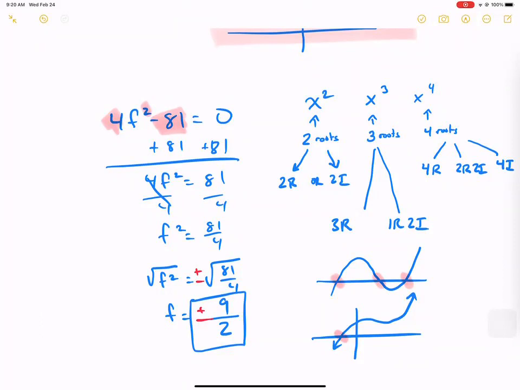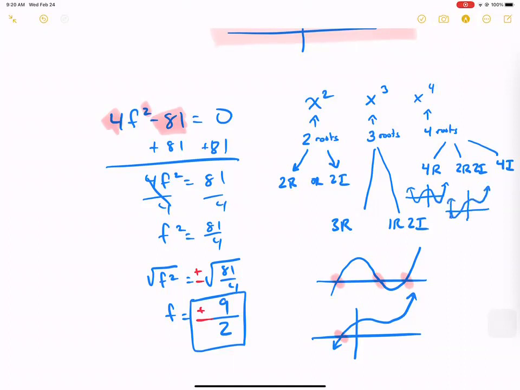But let me go ahead and show you the drawings here. A graph could be 1, 2, 3, 4. Take a look at it. It goes to the graph 4 times. It could be 1, 2 only. Take a look, there's only 2 here, only 2 roots.